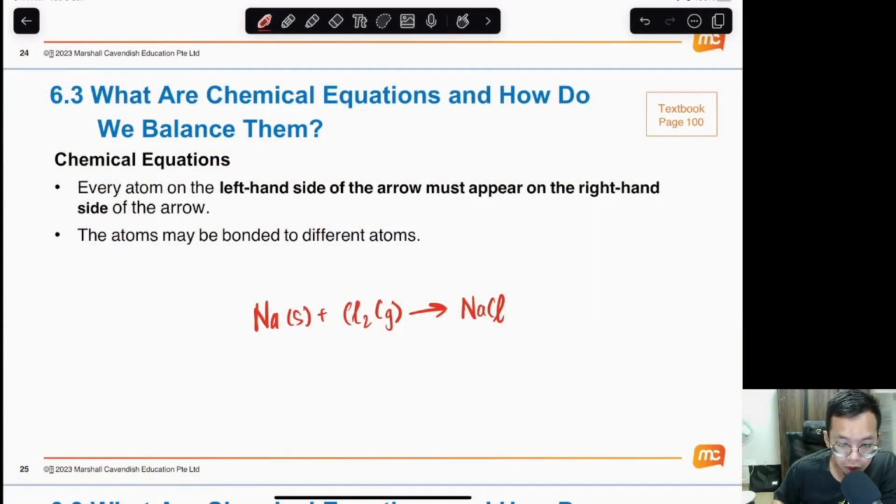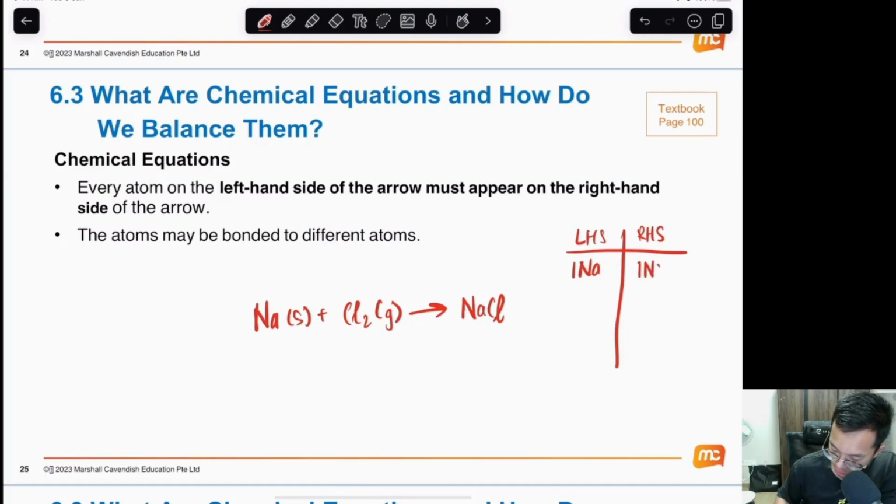Previously I taught you using this one, left hand side, right hand side. We can do this first. Let's take a look at the left hand side. You have 1 sodium atom. On the right hand side, I have 1 sodium atom. On the left hand side, I have 2 chlorine atoms. On the right hand side, I have 1 chlorine atom.